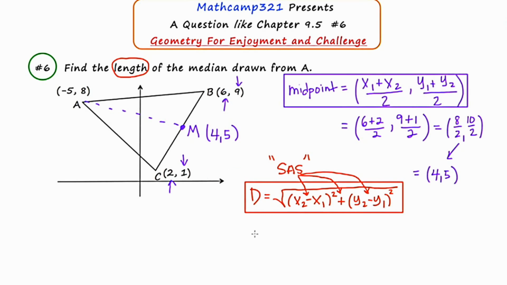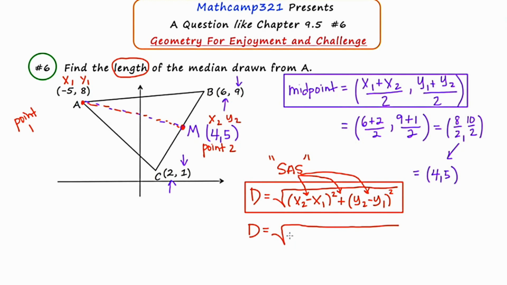Okay, so essentially what we want to do first is find the difference between the x coordinates of the endpoints of the segment that we're trying to find the length of. In that case, it's going to be points A and M. So I'll start by writing the big square root. When you're first starting distance formula problems, it's sometimes helpful to identify point 1 and point 2.